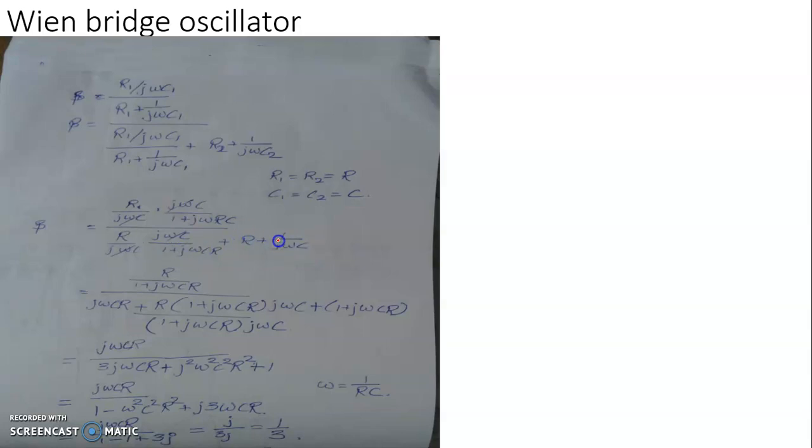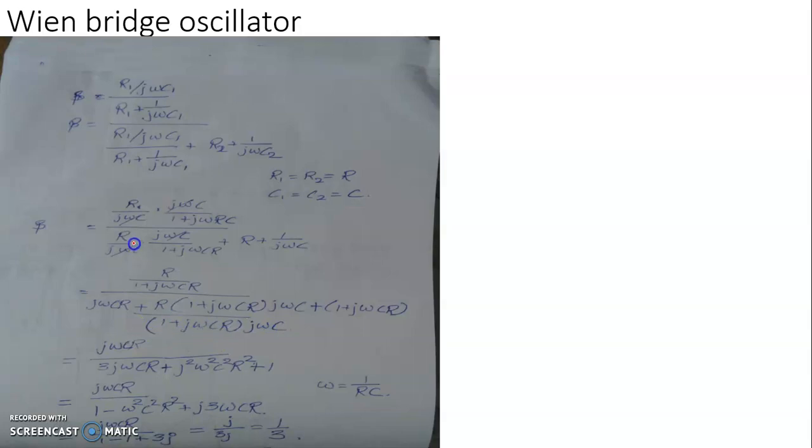So to simplify the denominator, you have to find a common denominator for this denominator term. That will be j omega C into 1 plus j omega CR. So in order that this denominator becomes 1 plus j omega CR into j omega C, this term must be multiplied by j omega C. So this becomes j omega CR. I have taken a common denominator j omega C into 1 plus j omega CR.